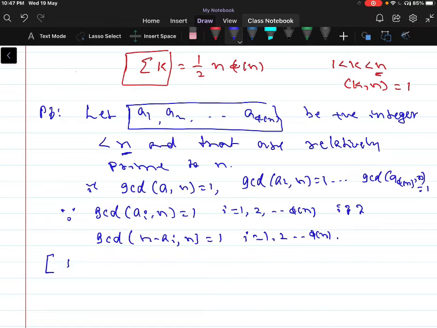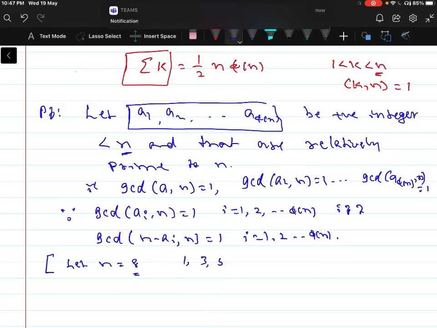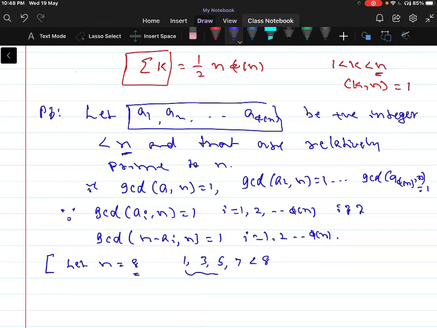Let us take n is equal to 8. The integers less than 8 relatively prime with 8 can be written as 1, 3, 5 and 7. So these integers are less than 8, and they are relatively prime with 8.